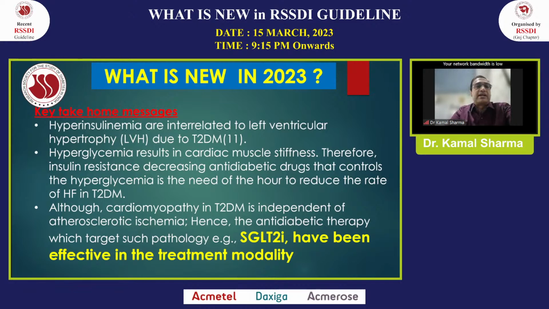So diabetic cardiomyopathy, as we know, is independent of atherosclerotic ischemia. You can have patients who don't have coronary obstructive artery disease, but they have a bad LV dysfunction, systolic dysfunction. And a lot of these patients also have HFpEF, which is heart failure with preserved ejection fraction. And we now know how the SGLT2 inhibitors improve both of these outcomes, irrespective of diabetes, and also in patients with diabetes itself.